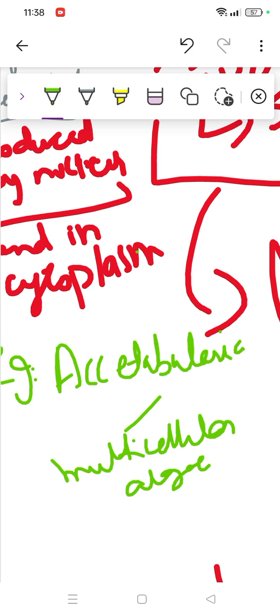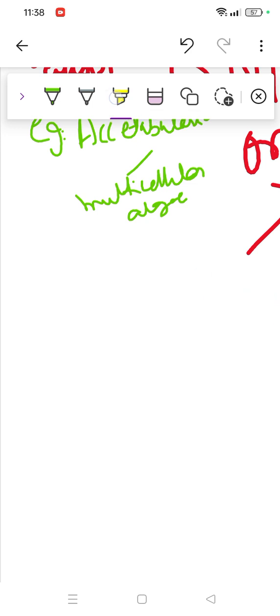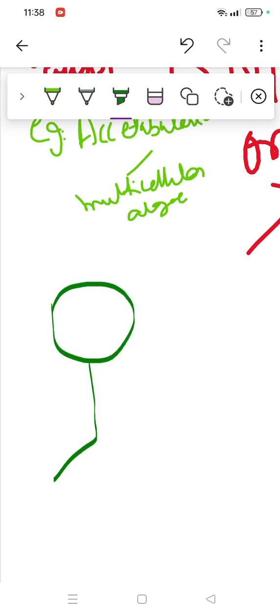Let's discuss it. So here comes the structure. Let's make it. Here comes the first part, then here we have a line like this, and this is basically the structure you'll see.